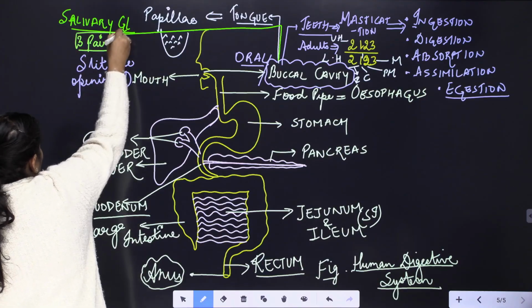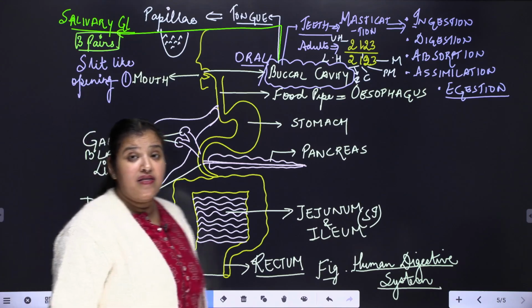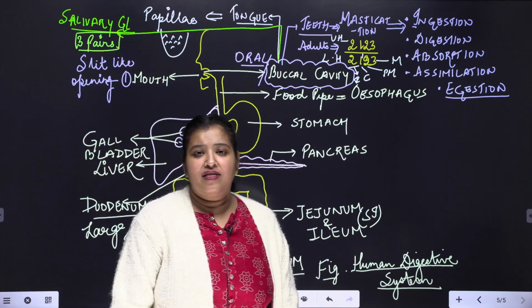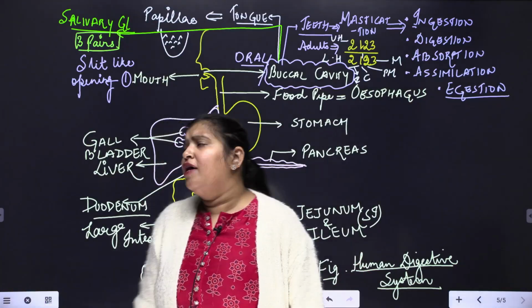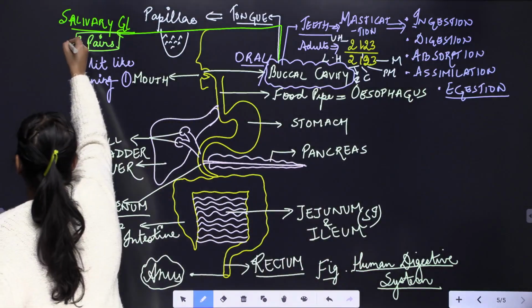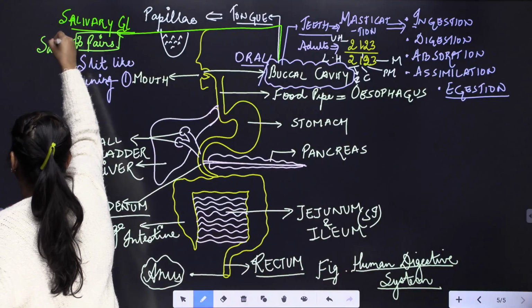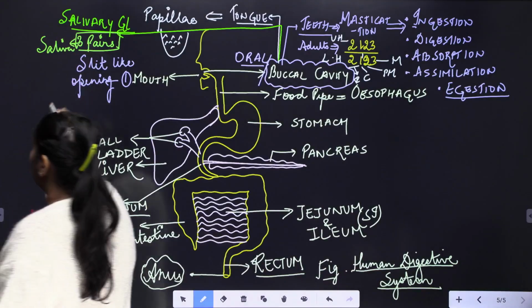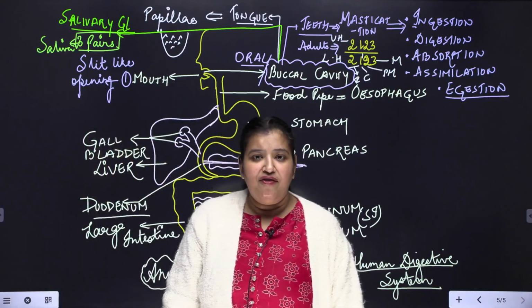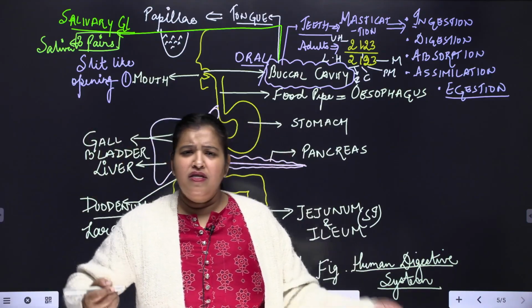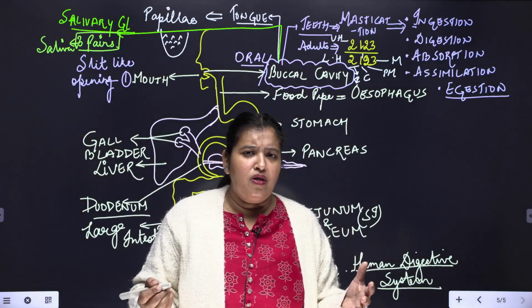There are three pairs of salivary glands present. Now, as the name suggests, salivary glands, what must they be doing? Yes, you're right, they secrete saliva. All right. So that means saliva also has to do something with the food.